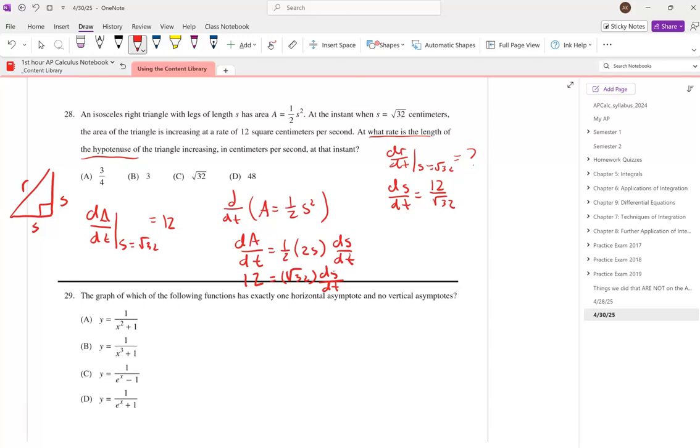To do that, I'm going to use the Pythagorean theorem. So I have s squared plus s squared equals r squared. And then I'll take the derivative of that.